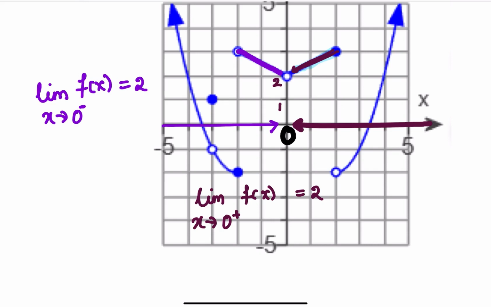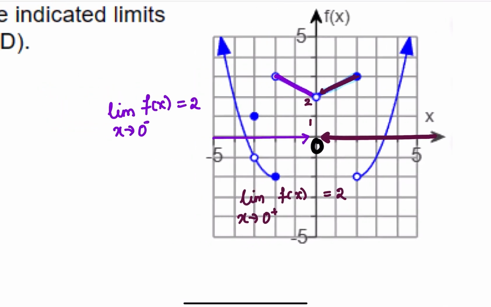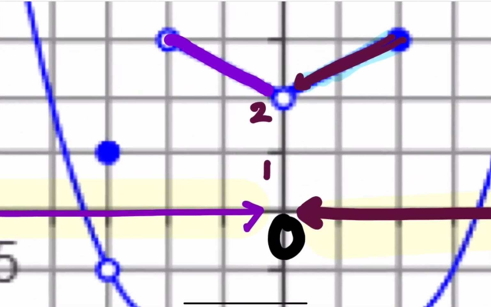Now, the next question is, the function approaches positive 2. Let me rephrase that. When I'm approaching 0 from the positive side, I know my function value approaches 2. When I'm approaching from the negative side, I know my function value approaches 2. But what exactly is the function value? Look closer.